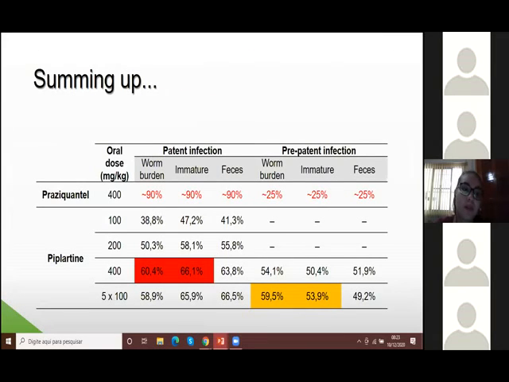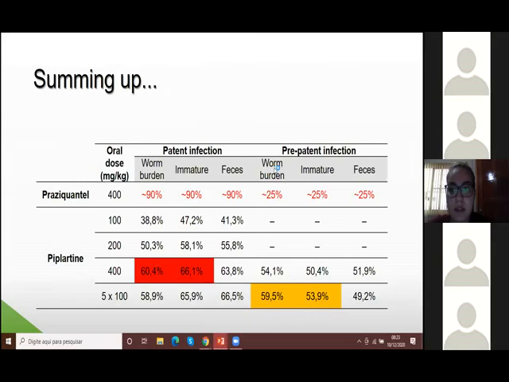Summing up, compared to praziquantel, the gold standard drug for treatment of schistosomiasis: in the patent infection, praziquantel reduced 9% of the worm burden, and piplartine 60.4%, so piplartine was the better.